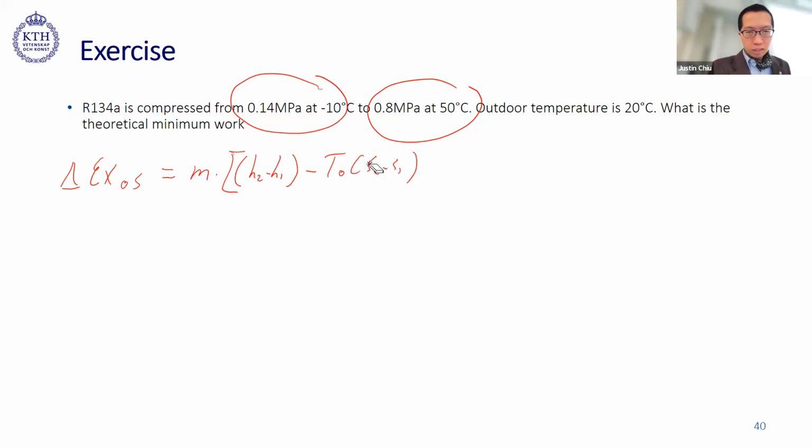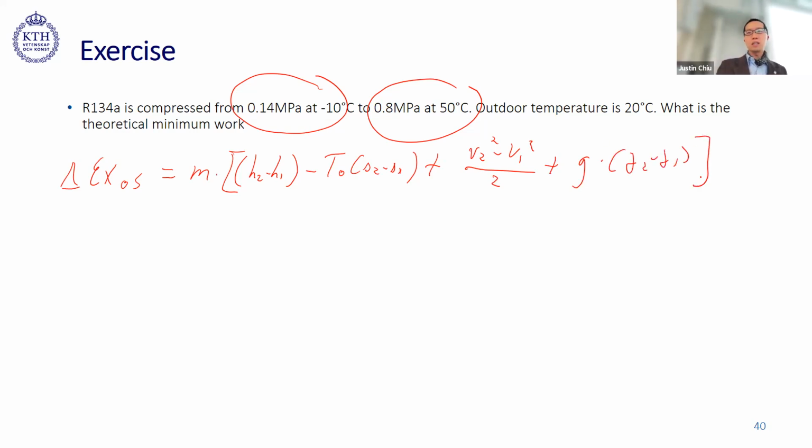All these are small letters, with the mass in front. Then plus V2 squared minus V1 squared, the velocity over 2, plus the potential energy in the height.